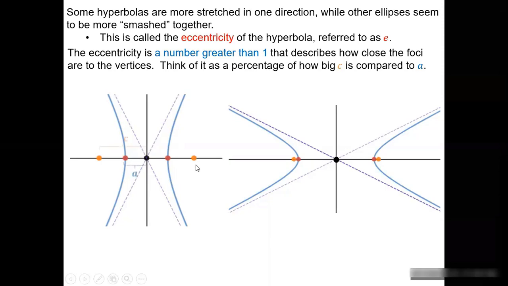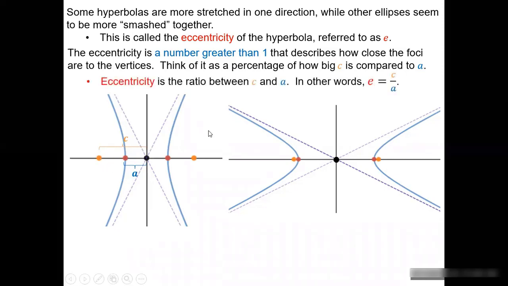And we're going to use the exact same formula that we did before. If this distance right here is a, between the center and the vertex, and the distance from the center to the focus is c, then the eccentricity is simply the ratio between c and a, or rather c divided by a.